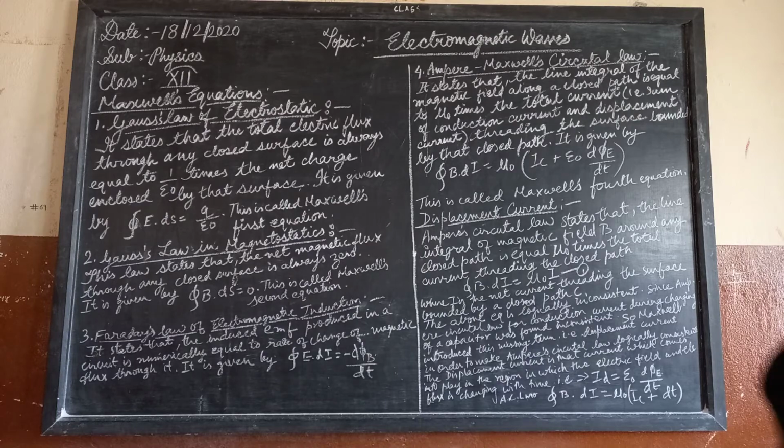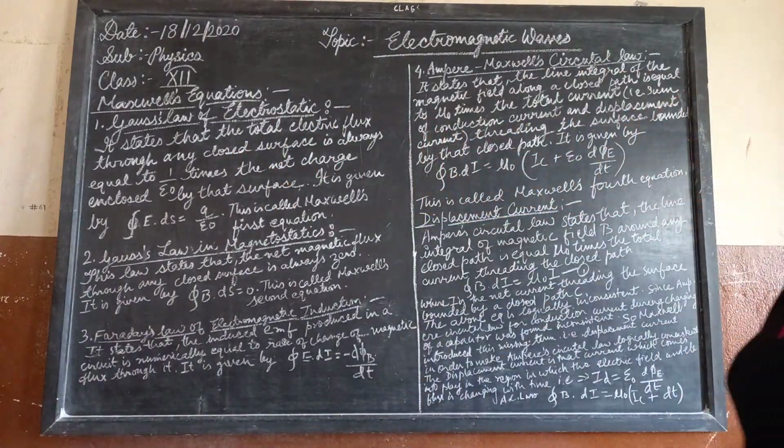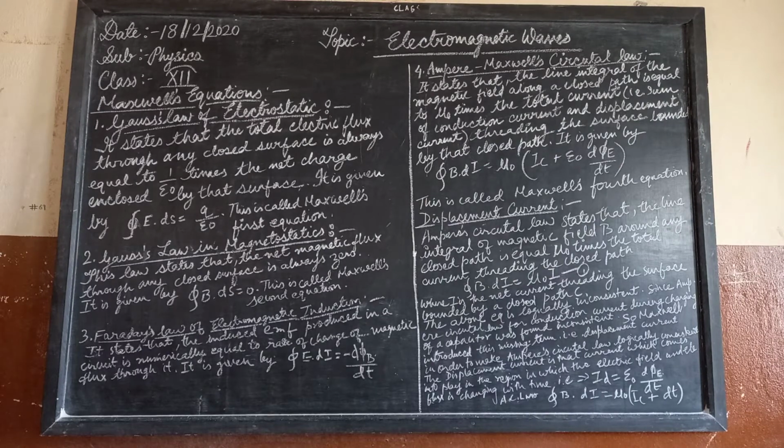First one, Gauss's law of electrostatics. It states that the total electric flux through any closed surface is equal to 1 upon epsilon 0 times the net charge enclosed by that surface. It is given by the closed integral of E dot dS equal to Q upon epsilon 0. This is called Maxwell's first equation.